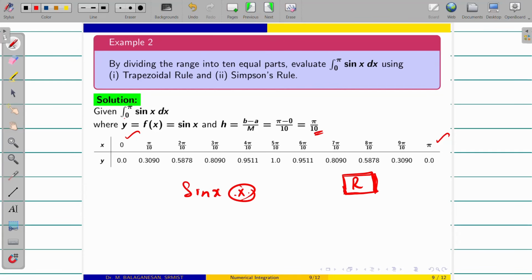Suppose it is in degree mode, it will show like a degree. If it is in degree mode, you won't be able to solve the trigonometric ones.